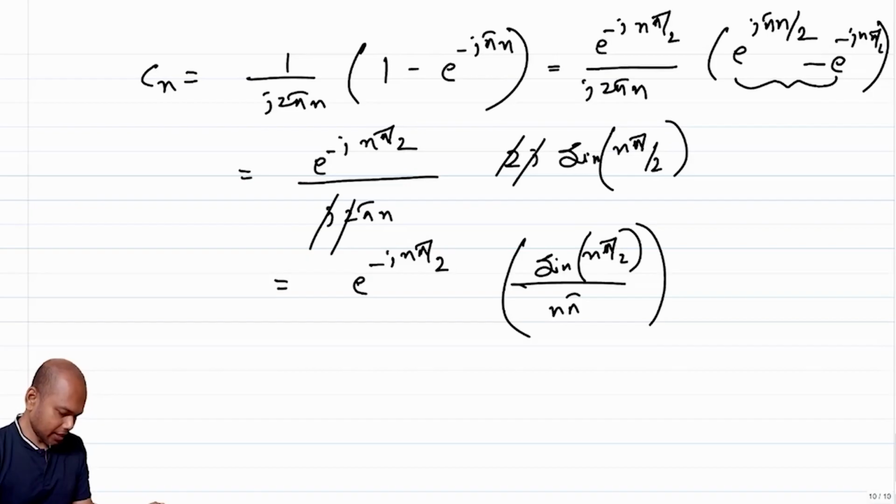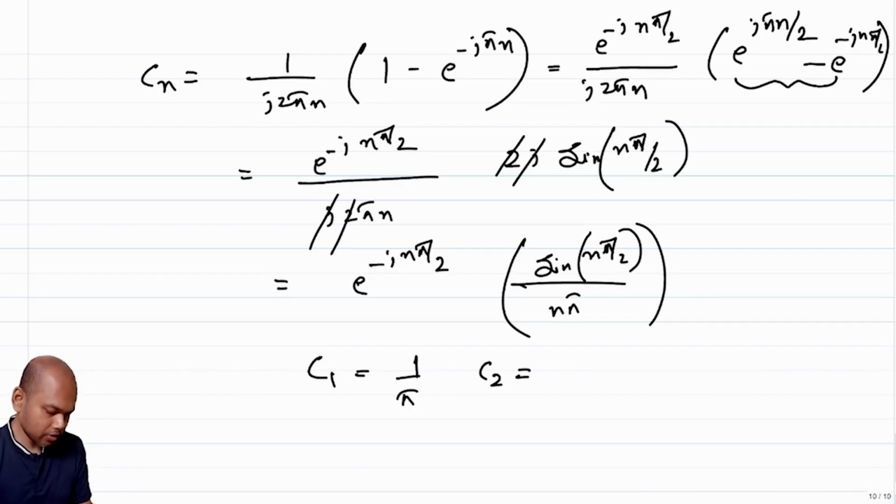C1 is equal to 1 over pi in magnitude. C2 is equal to sine pi over 2 pi, which is 0. I should be careful and say the mod of C1, because I am ignoring the e to the power minus j n pi by 2 terms.